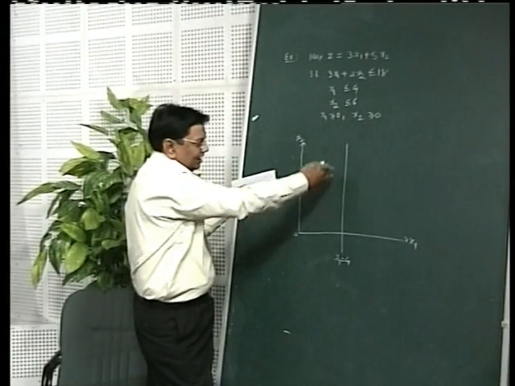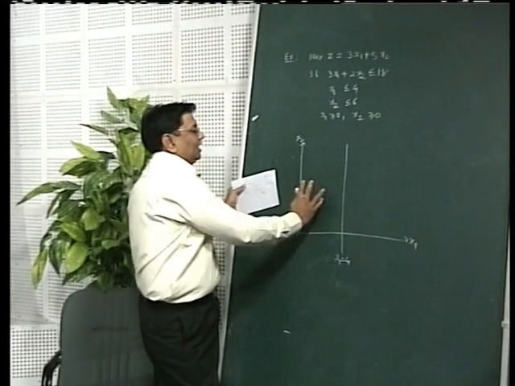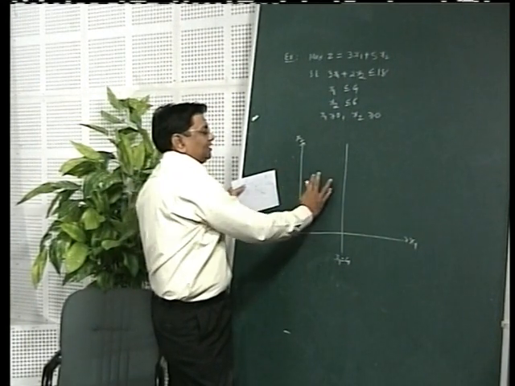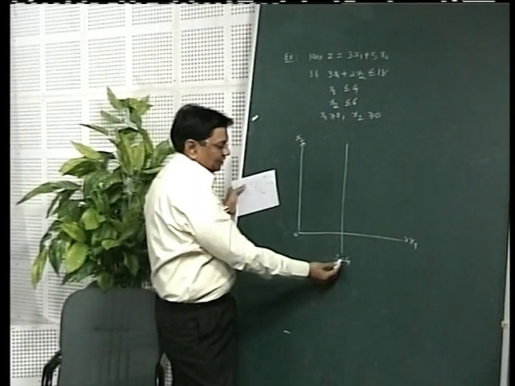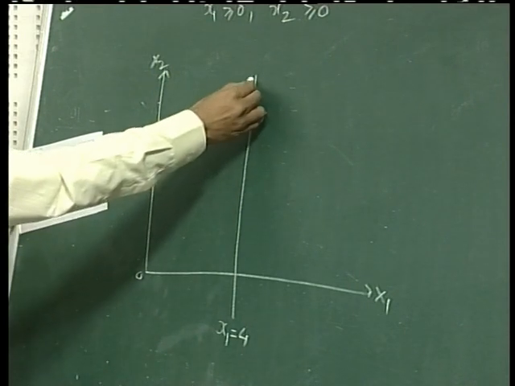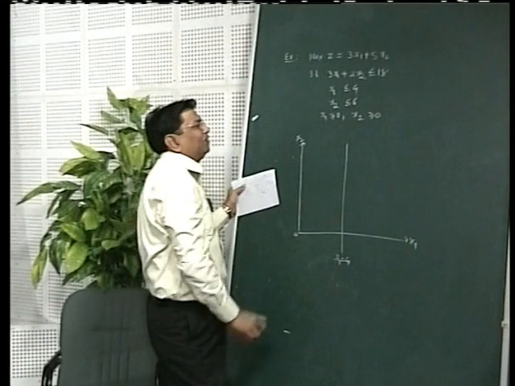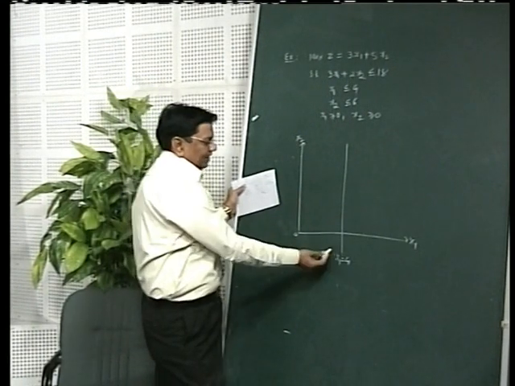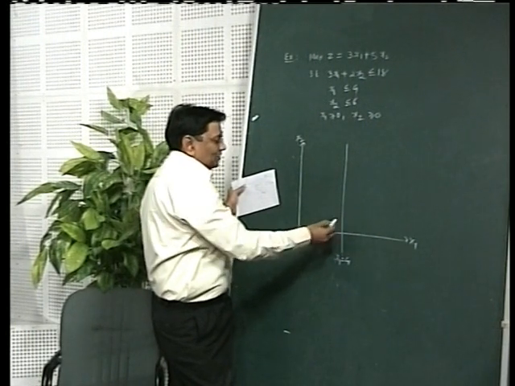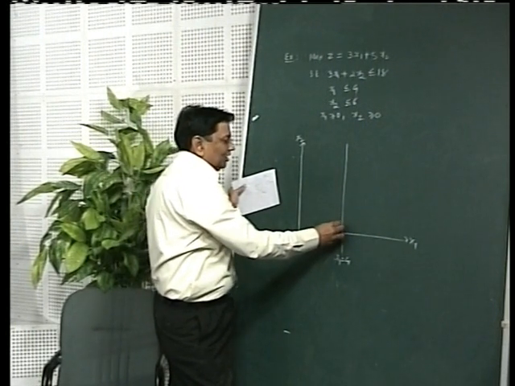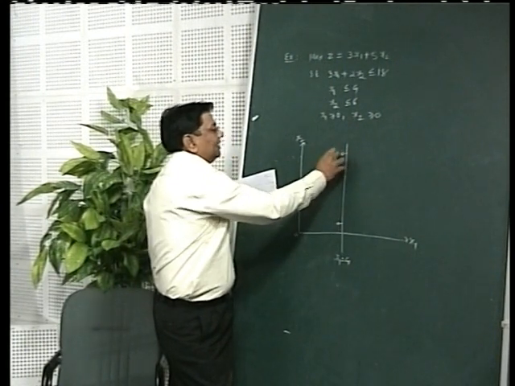Now when a line is drawn, it divides the whole region into sectors: in fact three, one on the left side, one on the right side and one on the line itself. Now our constraint is x1 less or equal to 4, so less than 4 will be on the left side. So our concern will be the region on the left side of this.